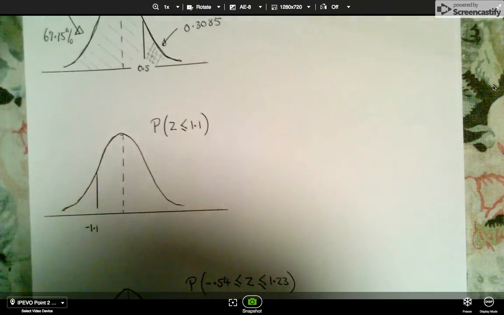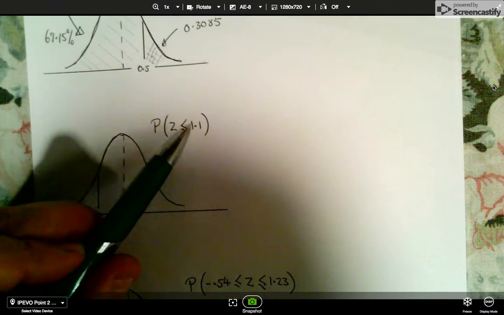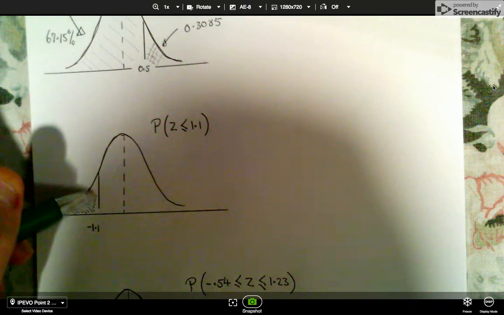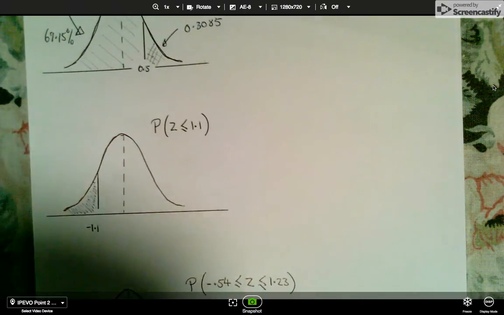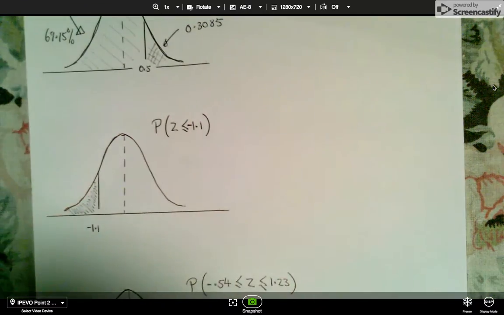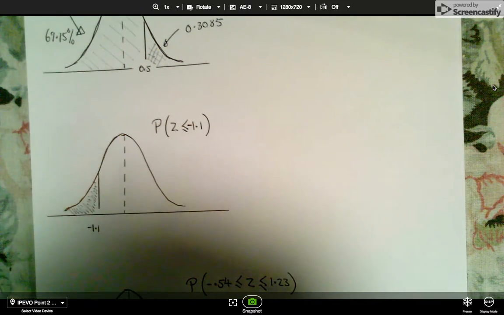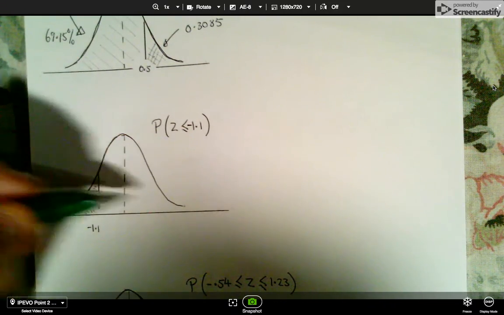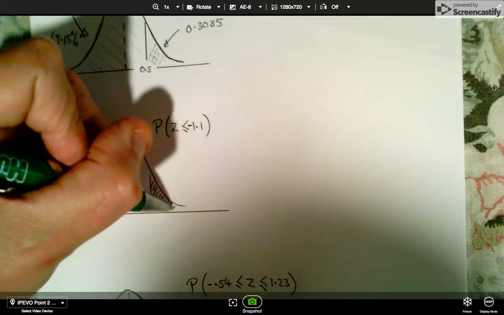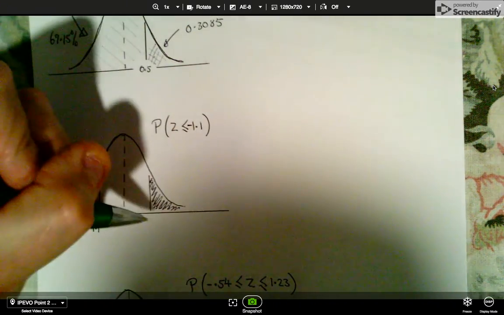Similarly here, we want the probability that Z is less than or equal to -1.1. Now, the z-score tables don't give us any minuses. So we want this part. Now, because of symmetry, that is going to be exactly the same as this part. I always like to draw the pictures because I think it makes a bit more sense to me.